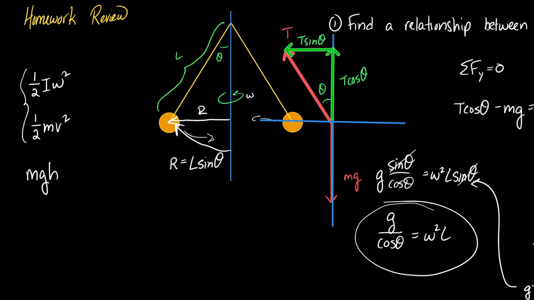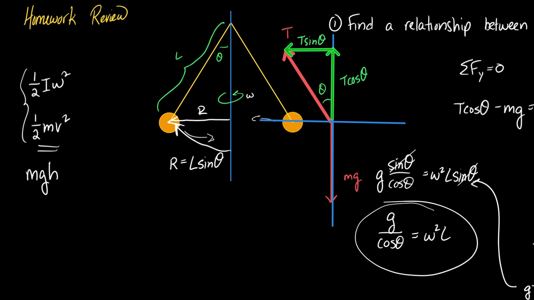So how would you like to do this? Would you like to do this in terms of the rotational kinetic energy or the translational kinetic energy? You'll have to pick one. Translation. Okay. So if we do it in terms of the translational kinetic energy, we use 1/2 mv squared, but we don't have v, we have omega.